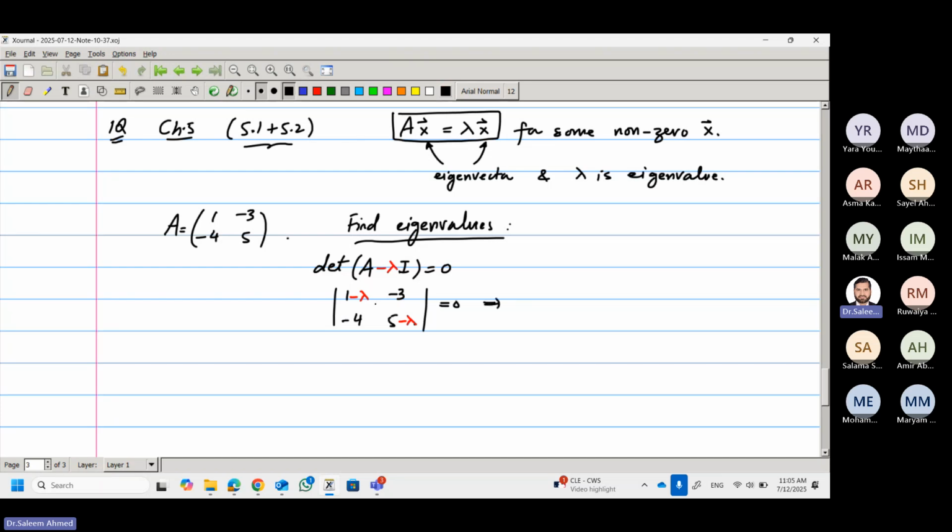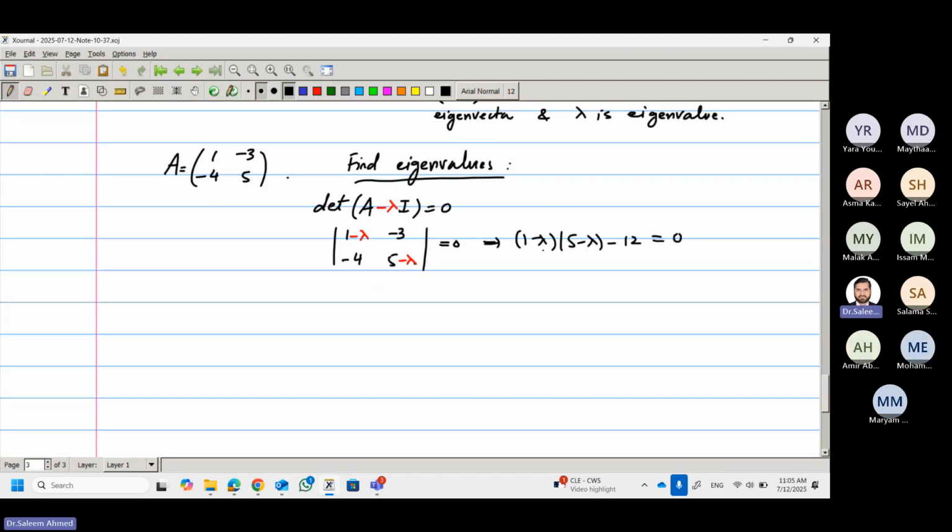So if you take the determinant, it is (1 minus lambda)(5 minus lambda) minus 4 3s are 12, equal to 0. And this will become lambda squared minus 6 lambda plus 5 minus 12, which is minus 7, equal to 0. So this is called the characteristic equation, or characteristic polynomial.